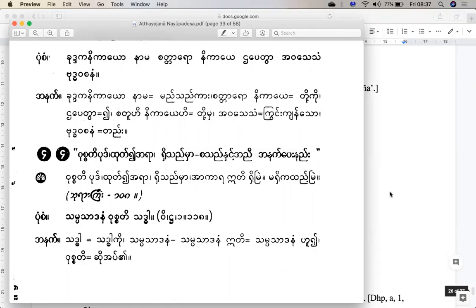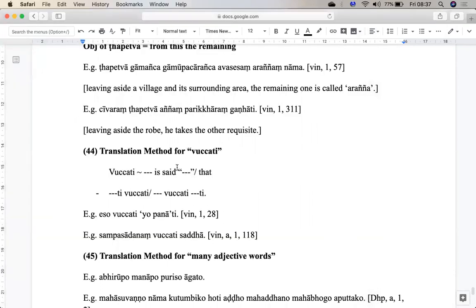That means whenever we see the word Wojedi, before the Wojedi or after the Wojedi, there will be iti. So iti is equivalent to the quotation mark or that clause. So before the Wojedi, here I write down: iti Wojedi, or something Wojedi, something iti.